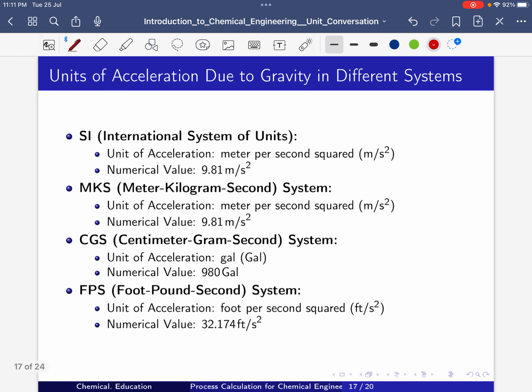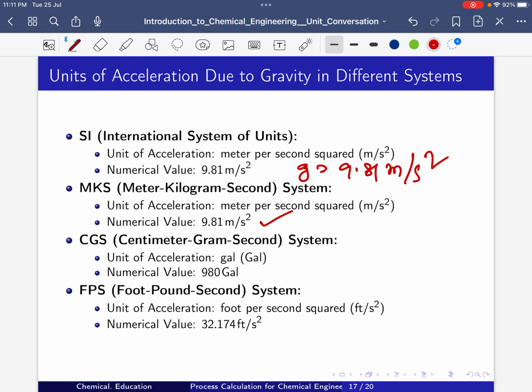Now coming to the units of acceleration due to gravity in different systems. The SI unit is meter per second square, and we know that g is 9.81 meter per second square. The MK system is the same thing.